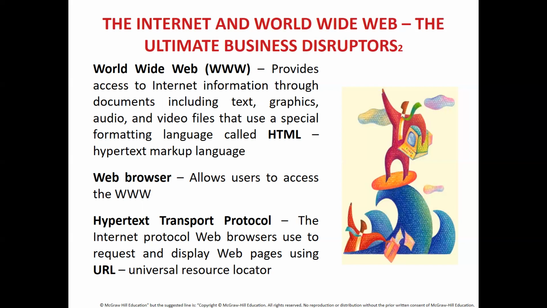So HTTP is basically the internet protocol that web browsers use to request web pages from the server where the website is stored, and then that request is responded to and it displays the web page on your specific browser.